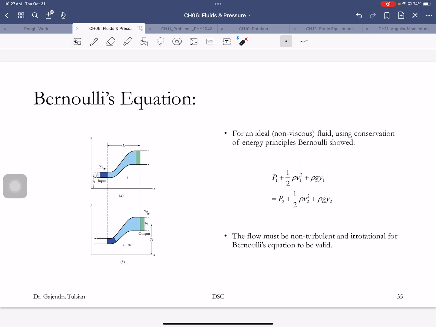Let me illustrate the fact. What did we just say? That the faster the fluid is moving, the lower the pressure at that point. So P1 + 1/2 rho V1 squared + rho g y1 equals P2 + 1/2 rho V2 squared + rho g y2.